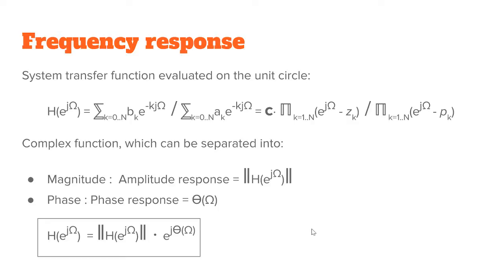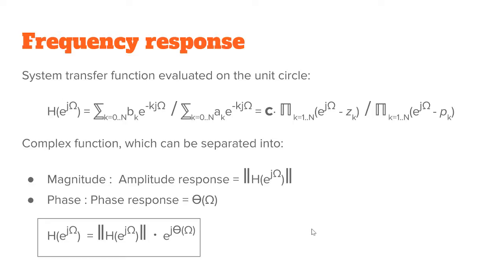Some mathematics there. Although this is more or less a no-brainer if I write it a different way here. So we have the transfer function, and if we evaluate the transfer function at e to j omega, where this omega is actually an angle corresponding to the real frequency on the unit circle, this is our frequency response.